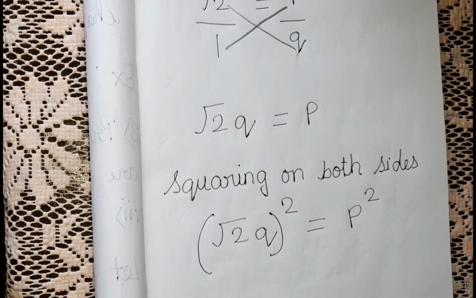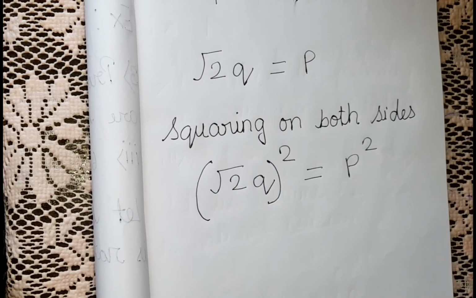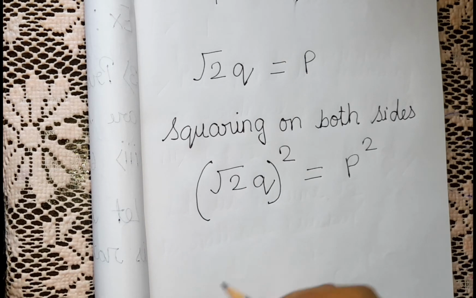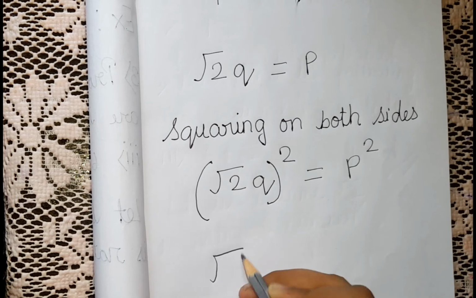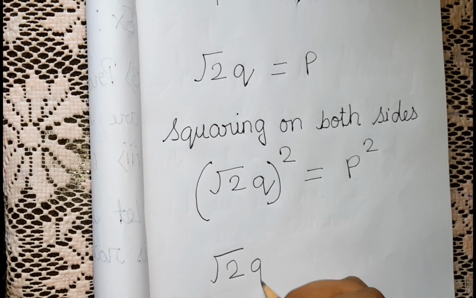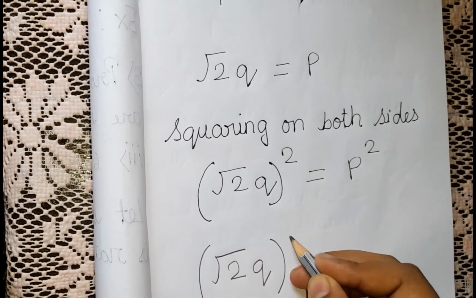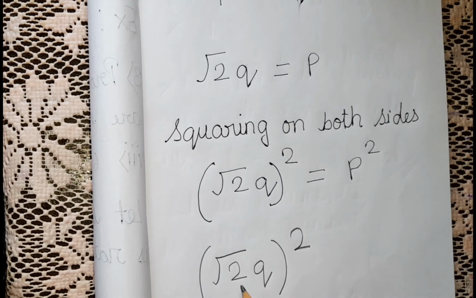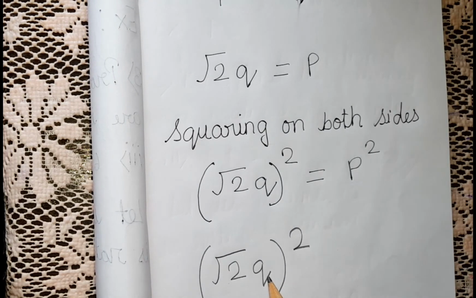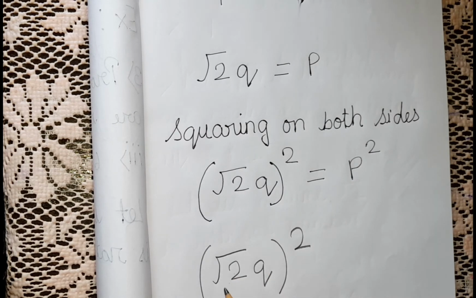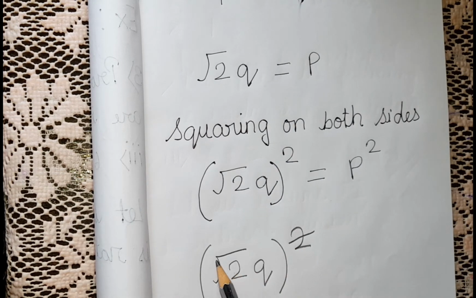Now I am writing in pencil, because I am going to explain it for your understanding. Here it is root 2q the whole square. This square belongs to 2 as well as q. So we are going to cancel the square which belongs to 2. Root 2 means this root is a square, so we cancel this also.